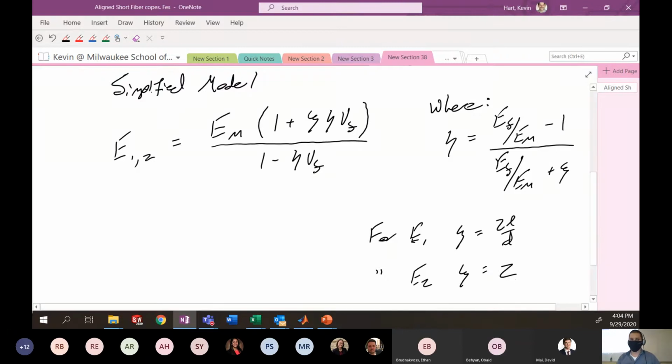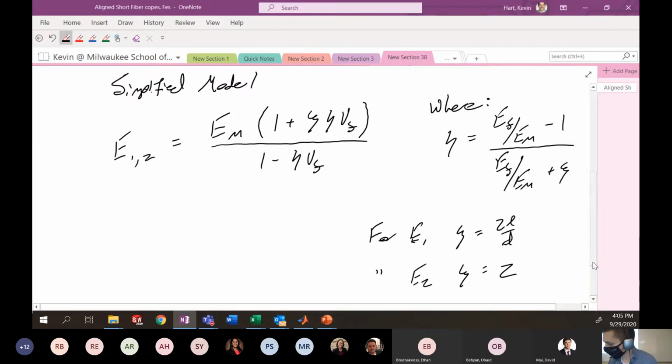The shear lag model, the Cox model, was derived entirely differently. In the Cox model, we assumed there's a distribution of normal stress that the fibers could actually hold, saying that we can't hold normal stress on the end of the fiber, but we can hold normal stress throughout the center of the fiber.